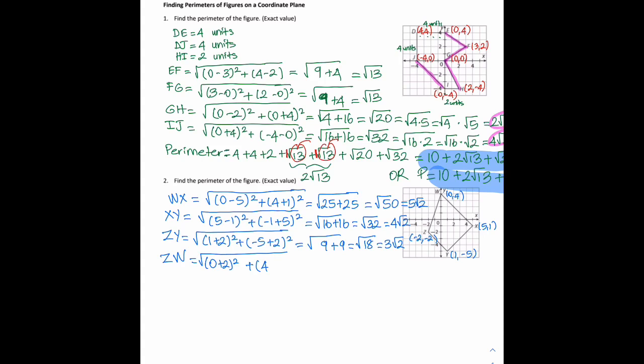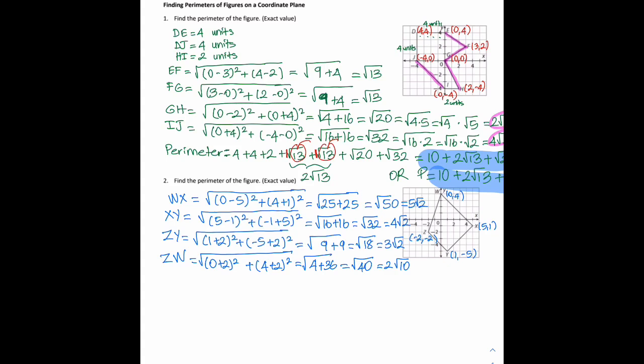That's why you have plus, but it says 4 minus negative 2. So 4 plus 2 to the second power, which will give us 4 plus 36, which is square root of 40, which can also be written as 4 times 10, which we can write as 2 square root of 10.